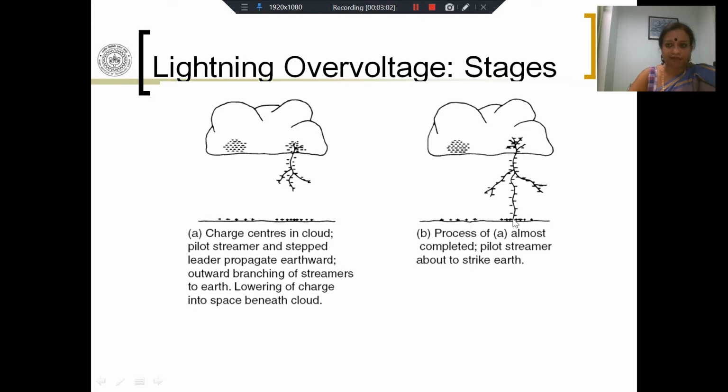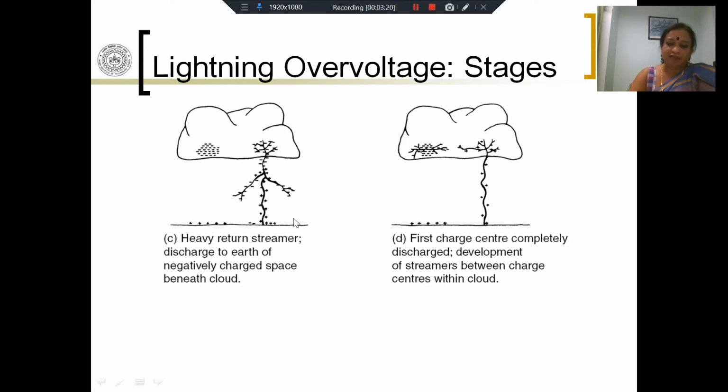So the pilot streamer has brought the negative charges from the cloud to a distance which is very close to ground, and this gap, from the pilot streamer to earth, is very, very highly stressed. And therefore, after that, this gap is bridged not by the pilot streamer, but by a return streamer, a heavy return streamer.